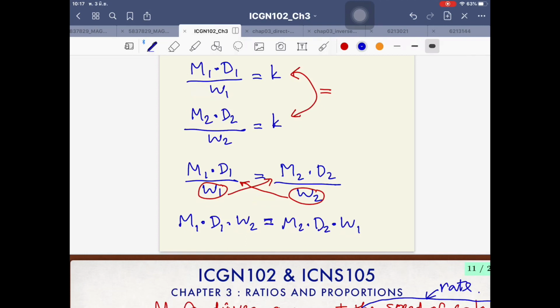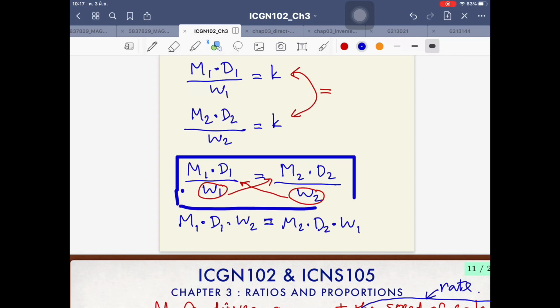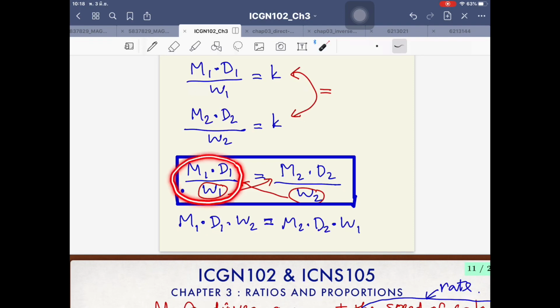The first form is in the fraction form, but the good thing is that on each side of this formula, for example on the left side, the subscript is 1 for every term, and on the right side, the subscript is 2 for every term.